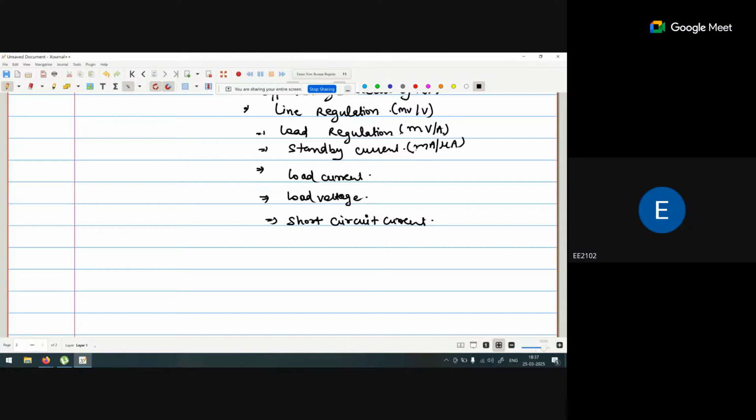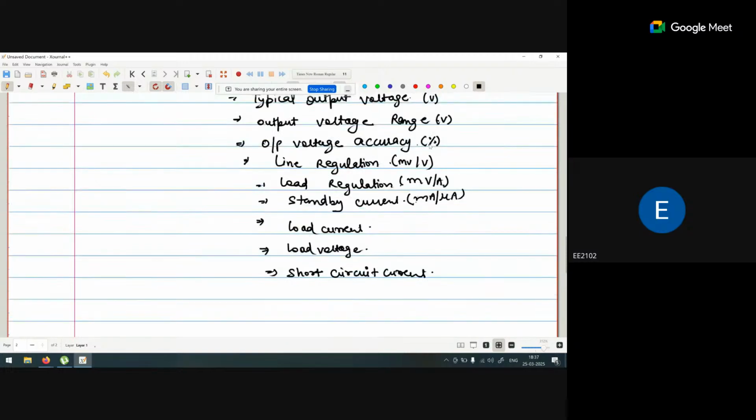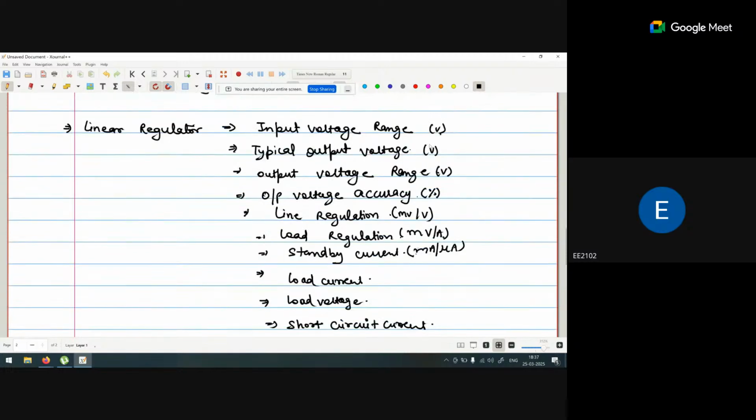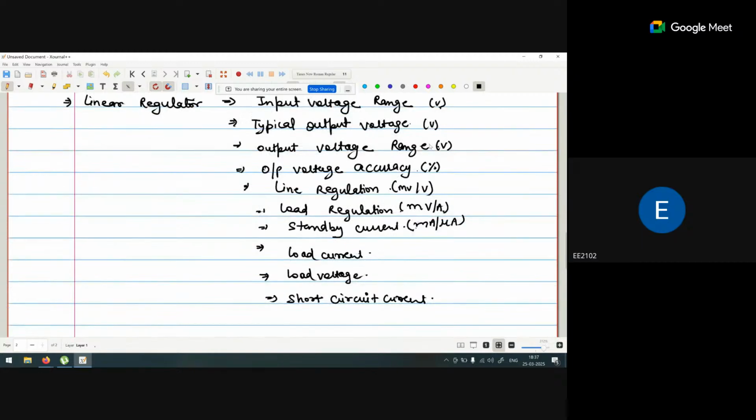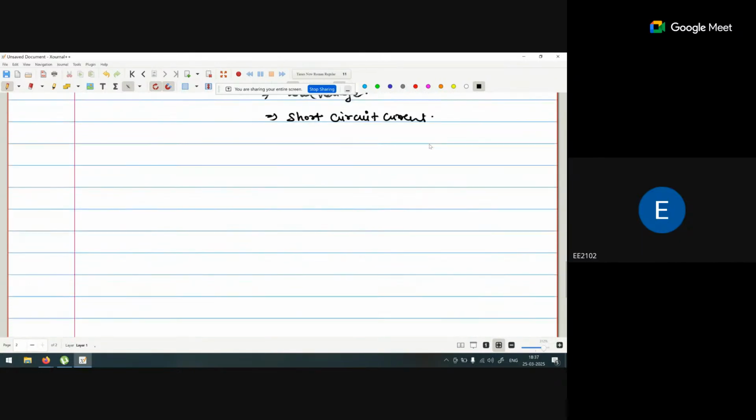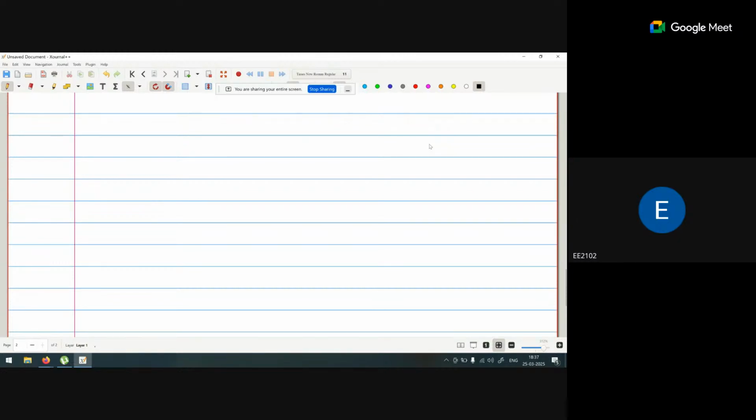So these are the parameters that are calculated for the linear regulator. On the basis of these parameters, we identify whether our linear regulator is a good regulator or not. So we can calculate this for any system.